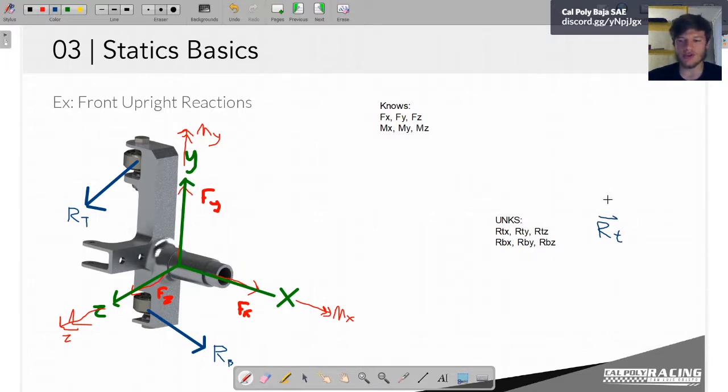This is another way of saying I don't know, so this is still under my unknowns, I don't know RT, the magnitude, or its direction. Same thing with RB.